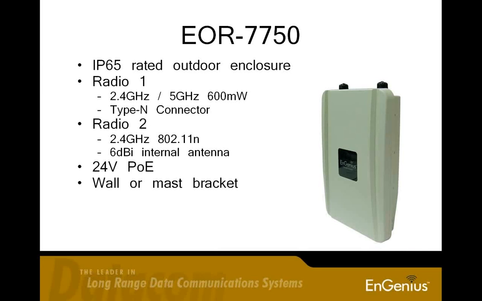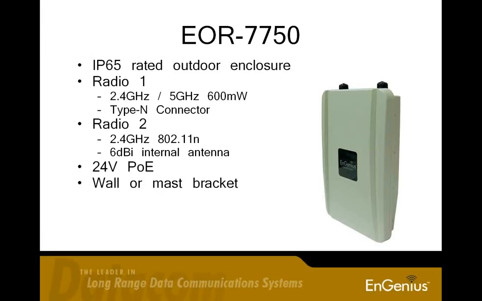The EOR Sony 750 has an IP65 outdoor radio enclosure. Now radio 1, which is recommended as the backhaul radio, can be either 2.4 gigahertz or 5 gigahertz and has a transmit power of up to 600 milliwatt. This device has a Type N connector for radio 1.